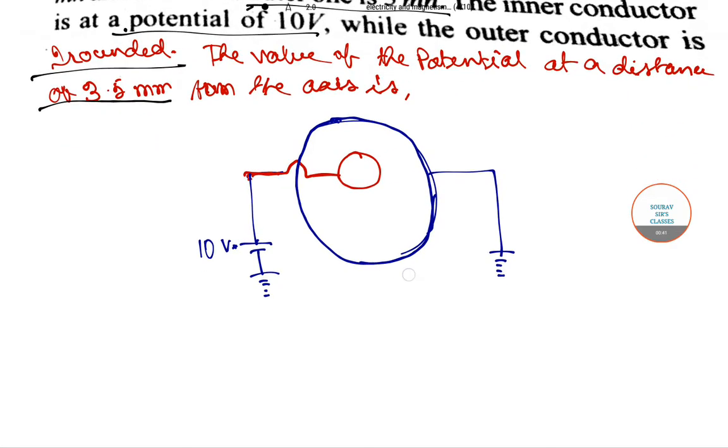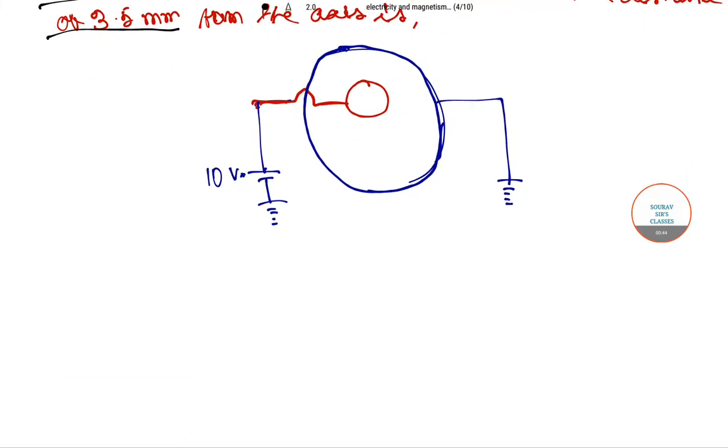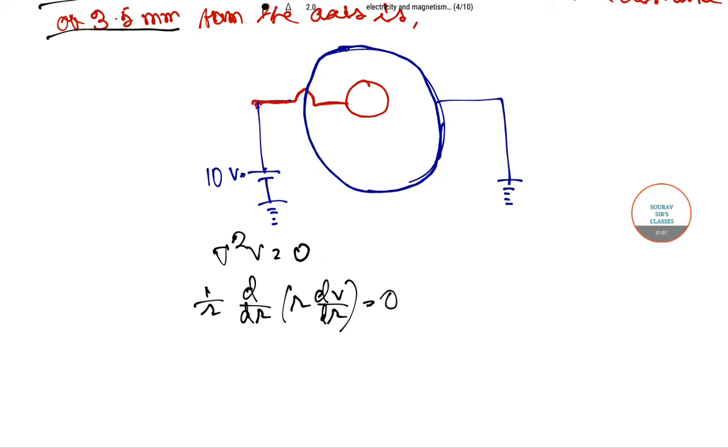We know that del square V equals 0. We consider this. Then we can write (1/R) d/dR of (R dV/dR) equals 0.